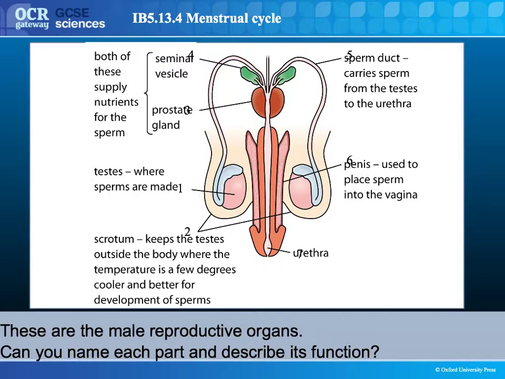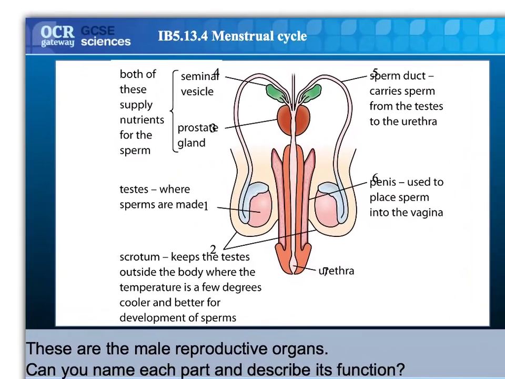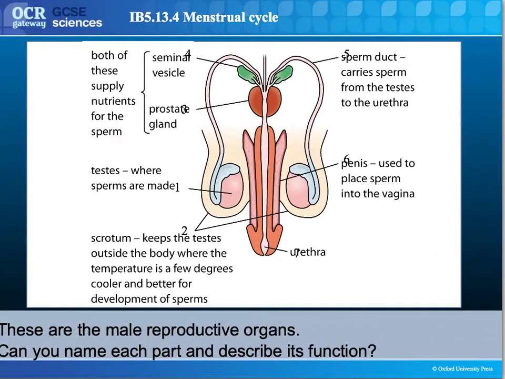So here we have a diagram of the male reproductive system, and we're going to look at each part and the function of it as we go along. So the first one here is the testes. So here are the testes. This is where sperm are made. Okay, so we've got 2 in male, sperm are made in there. Number 2, here we have the scrotum.